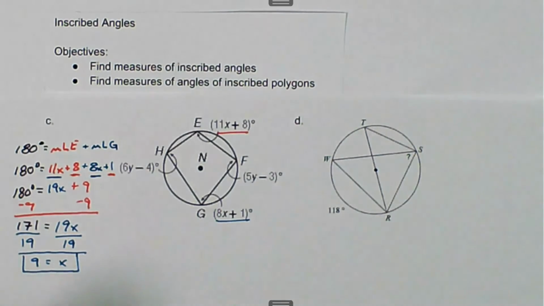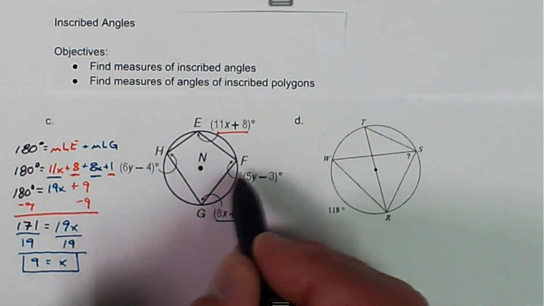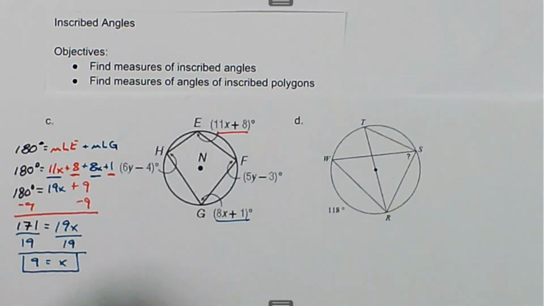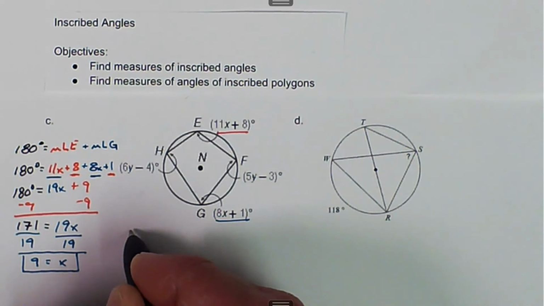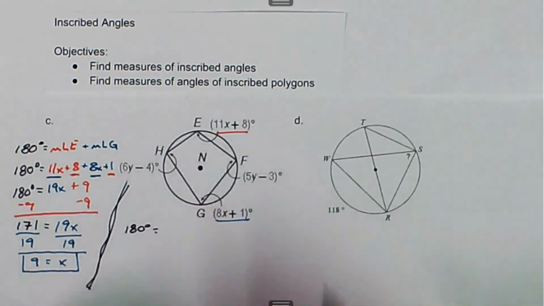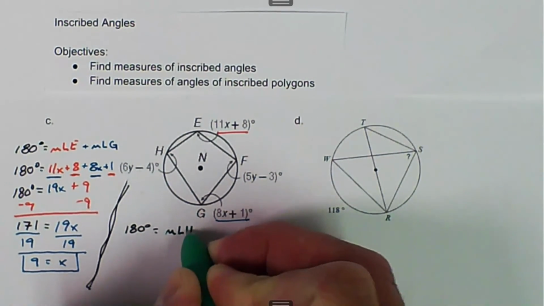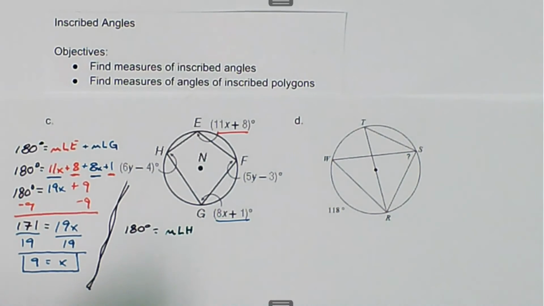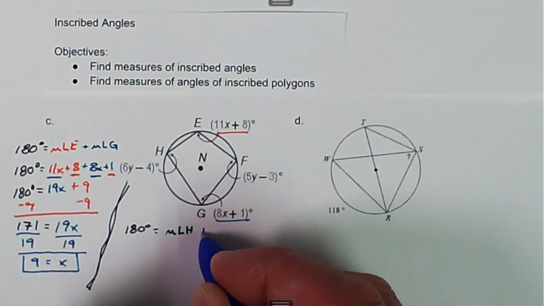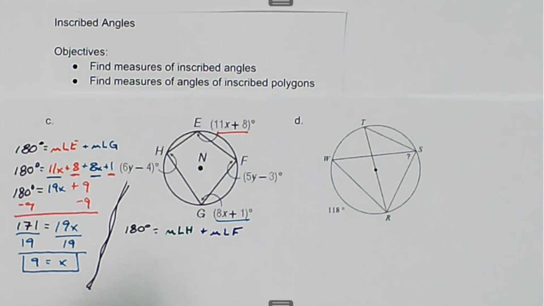We already did E and G to get x. Now we're going to use F and H to get y. So we can say 180 degrees is equal to the measure of angle H plus the measure of angle F. We can substitute those values in.